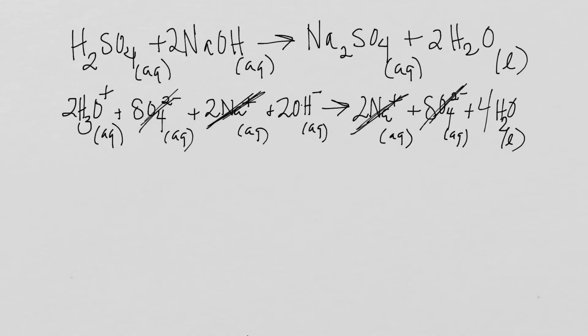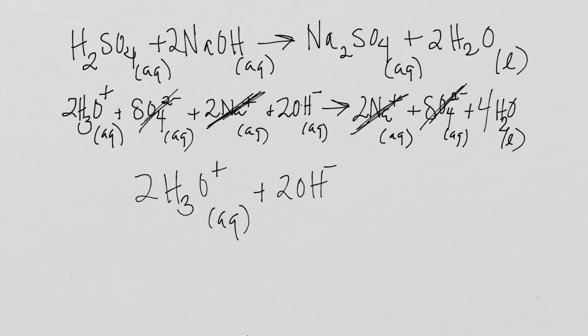My net ionic equation says that I have 2 hydronium ions plus 2 hydroxide ions, and that's turning into 4 waters.